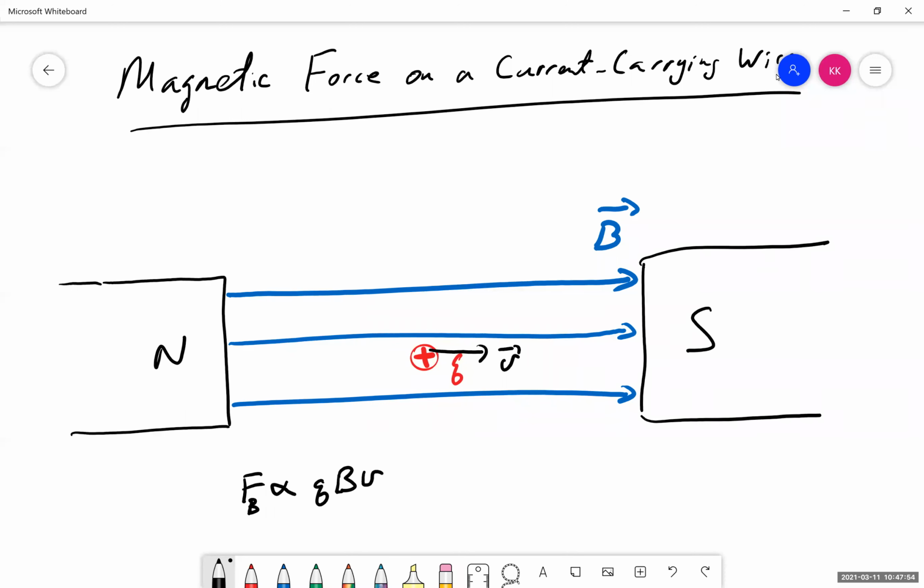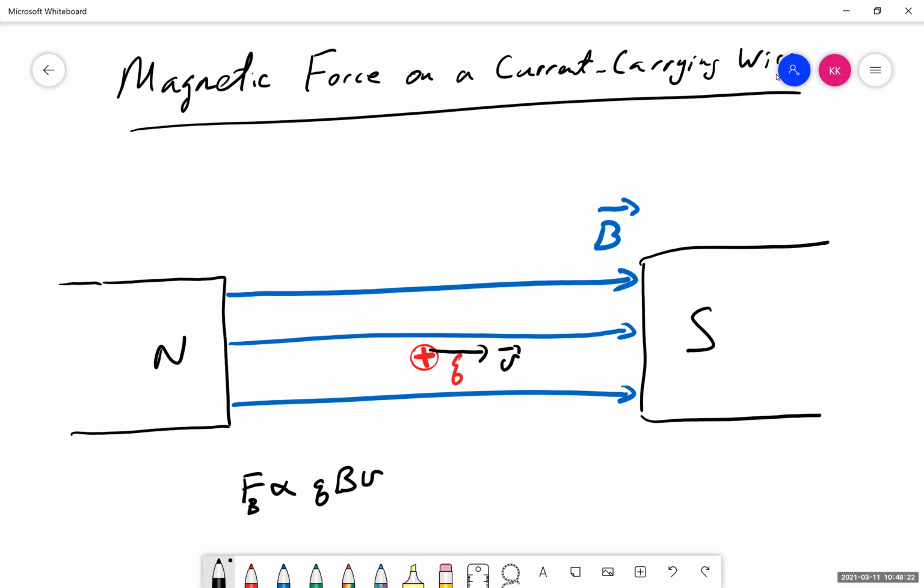But moving is not everything. In which direction and how it is moving relative to the magnetic field is a big factor as well. Because if this particle is moving in the direction of the magnetic field or in the opposite direction, then it will not be subject to the magnetic force. There will be no force acting on it as long as it's moving along the same line as the magnetic field.